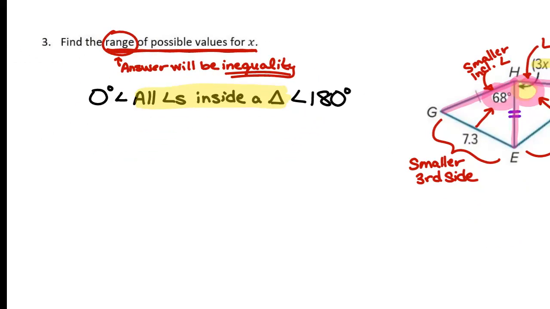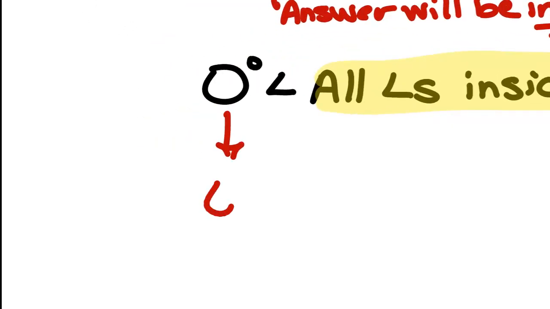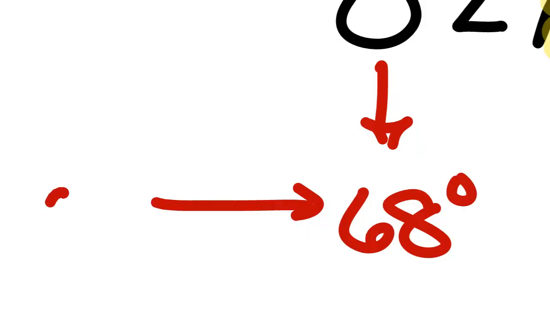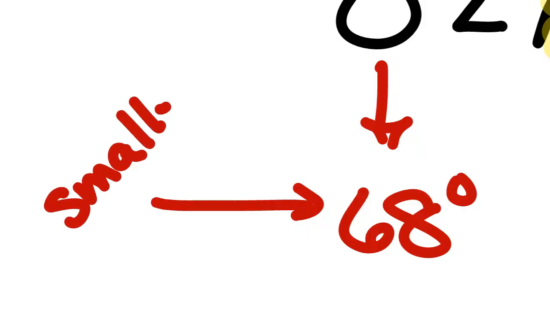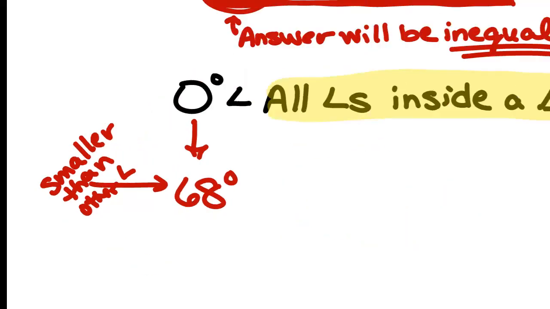We know that this is the smaller included angle, right? This angle over here has to be bigger than 68. So I'm actually going to replace this 0 here with a 68 degrees. This is smaller than the other angle.